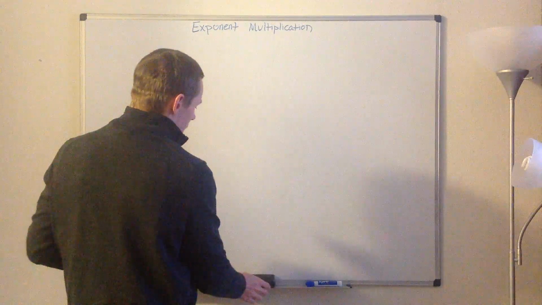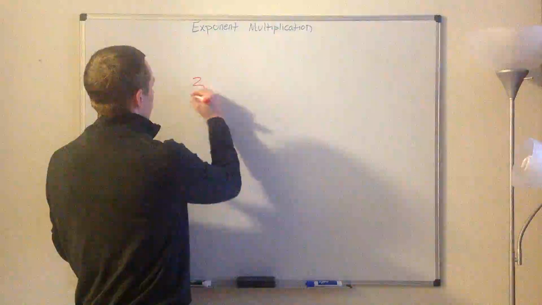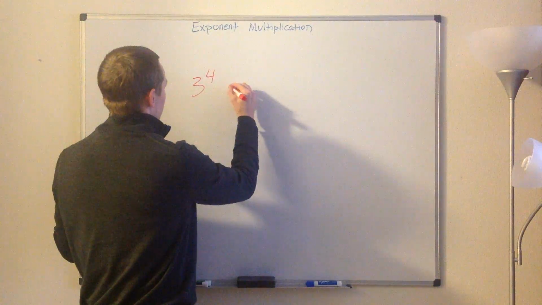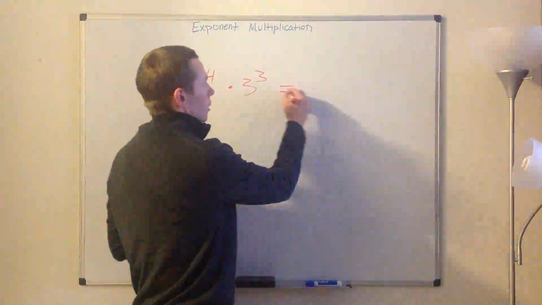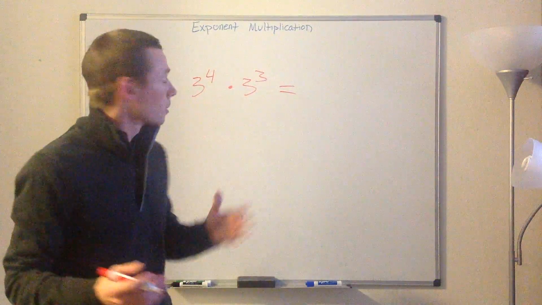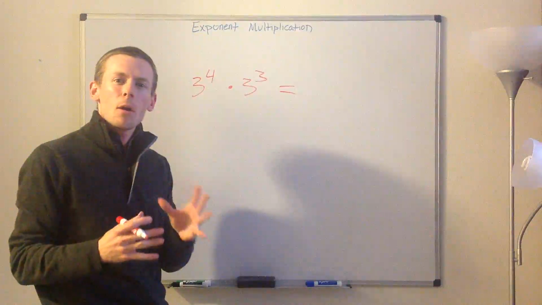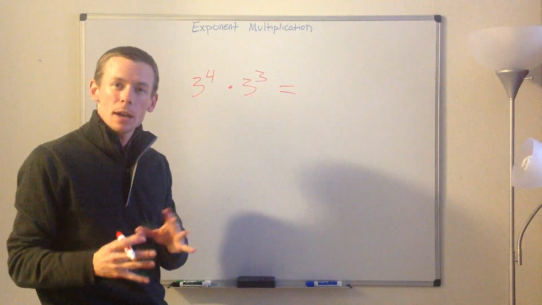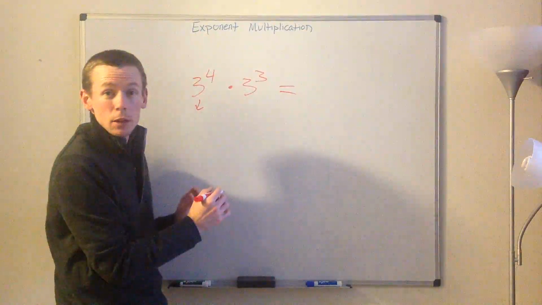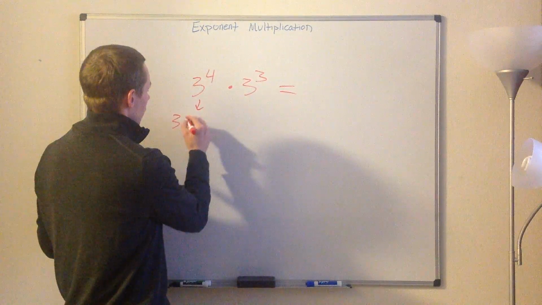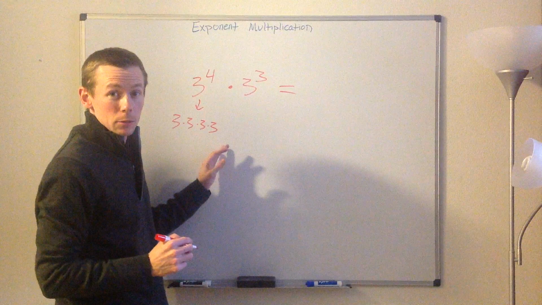Now, let's say we had 3 to the third times 3 to the fourth times 3 to the third, and I want to see how exactly that computes. What happens exactly? Well, remember that 3 to the fourth is 3 times 3 times 3 times 3.